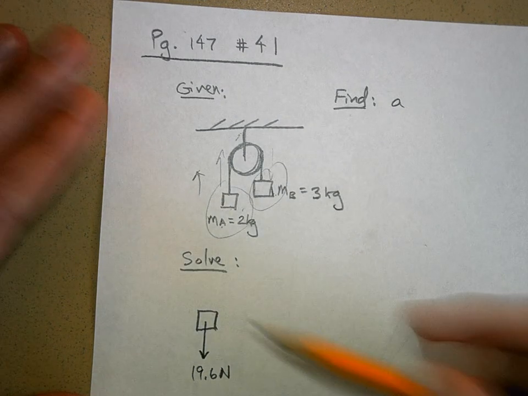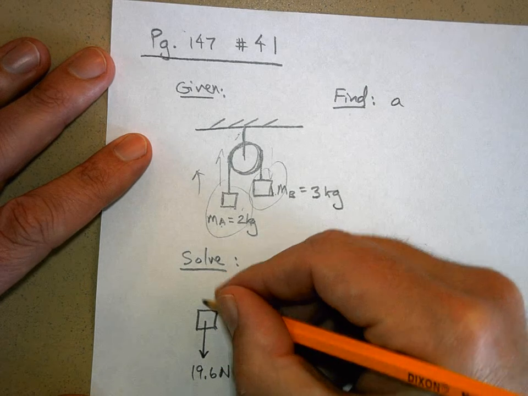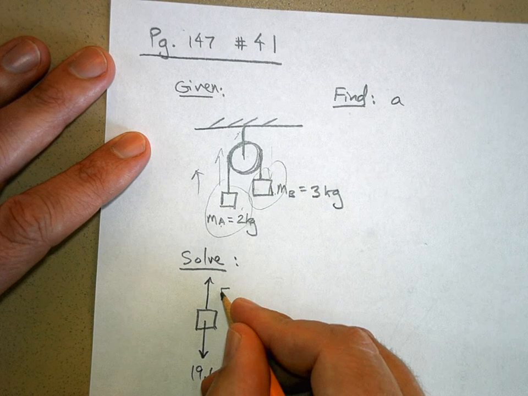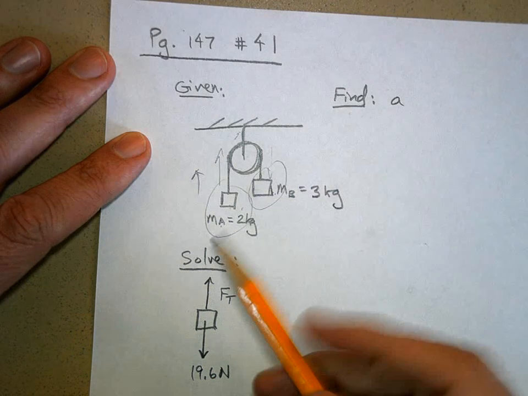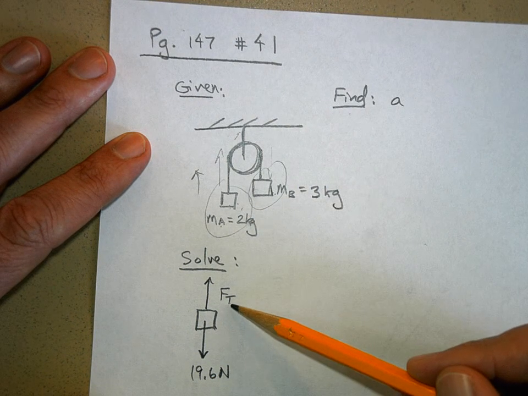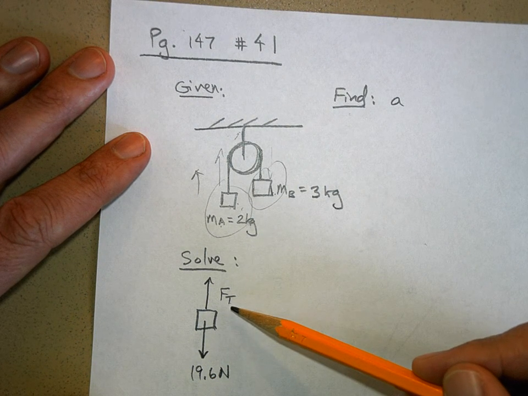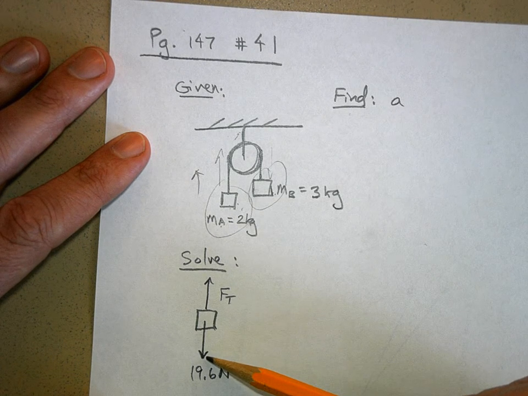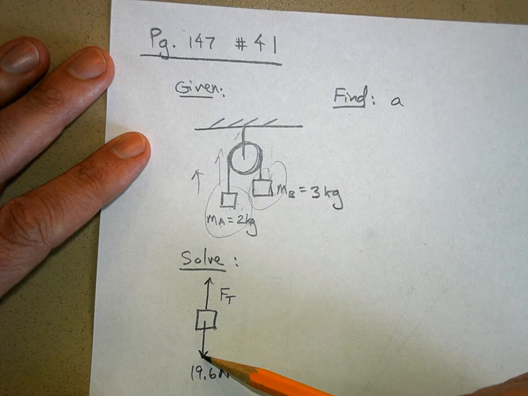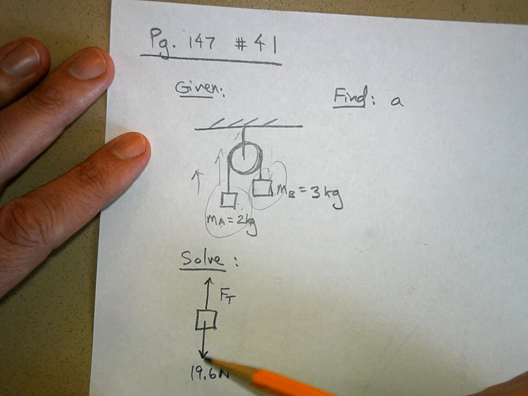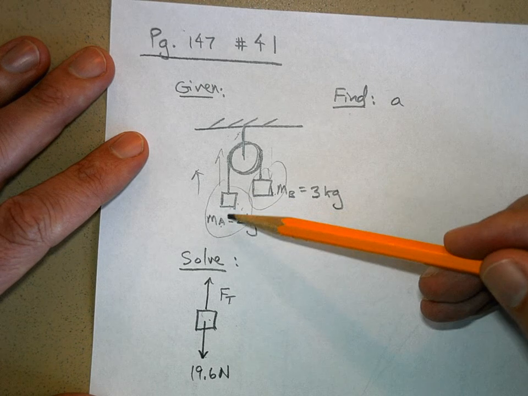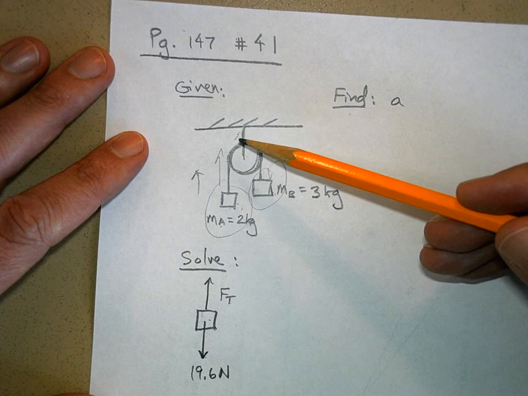Okay, I'm just going to say that's the weight. Now here's the tension force of the string, right? The string is pulling up on this guy, but we don't know what that tension force is. But we do know this. This tension force will be greater than the 19.6 newtons. Why? Because this 2 kilogram mass is going to accelerate up.